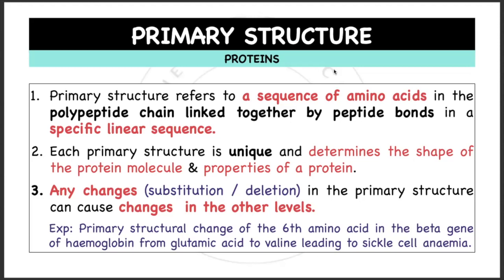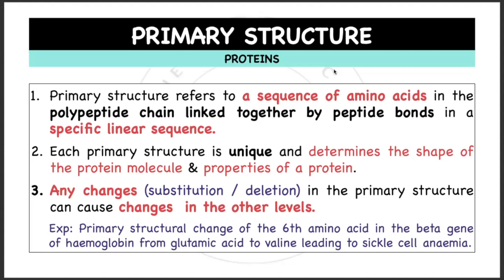Primary structure refers to a sequence of amino acids in the polypeptide chain linked together by peptide bonds in a specific linear sequence. Each primary structure is unique and determines the shape of the protein molecule and the properties of a protein.